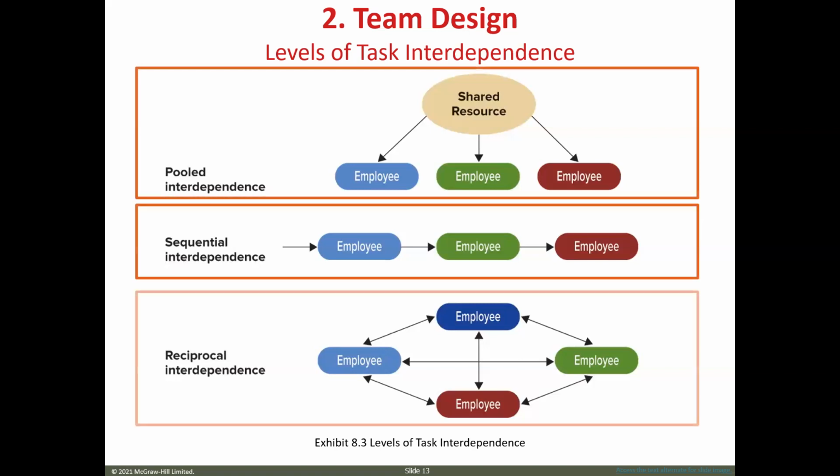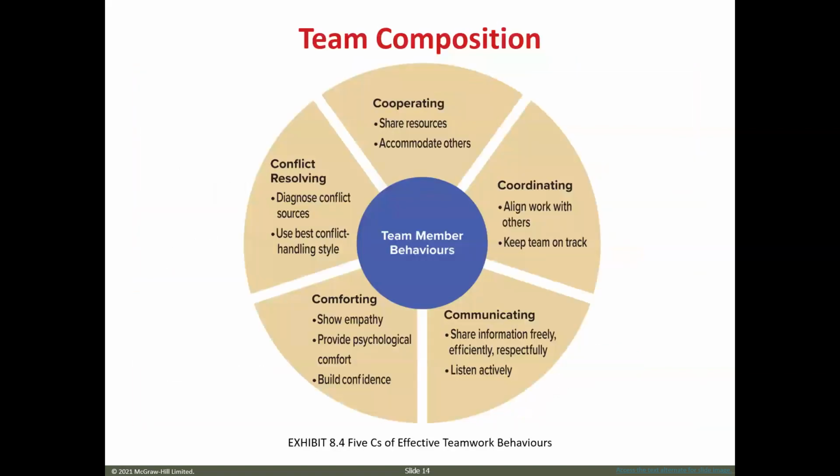They are working together and their work is interdependent. Now, when we talk about design, the next thing was composition, a very important thing that we need to keep in mind. Team effectiveness depends on the qualities of people. So just one word is important. Composition means the quality of team members.